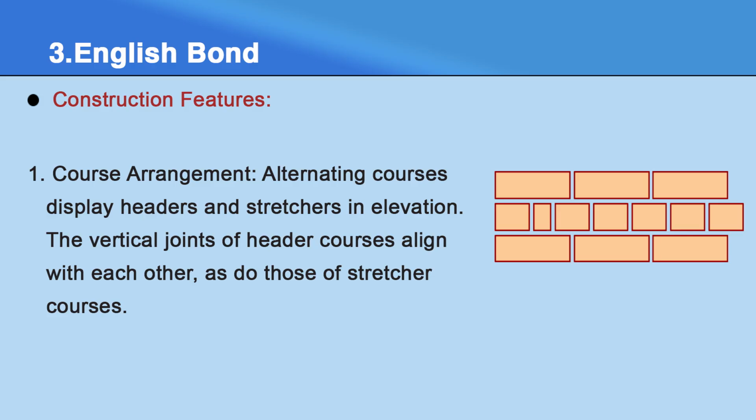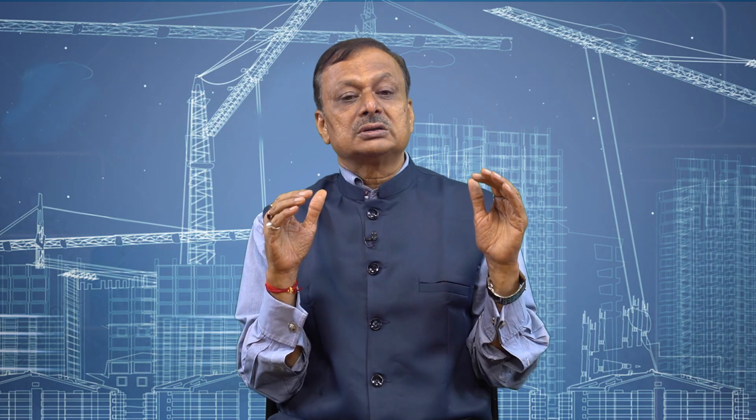The vertical joints in the header courses align vertically across courses, as do the vertical joints in the stretcher courses. So, this alignment ensures that the load is evenly distributed across the wall, contributing to the bond's high structural integrity.